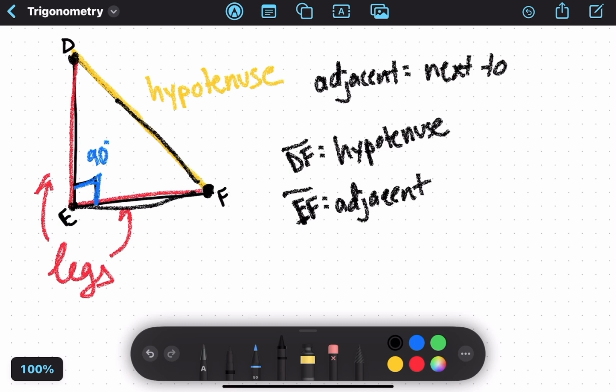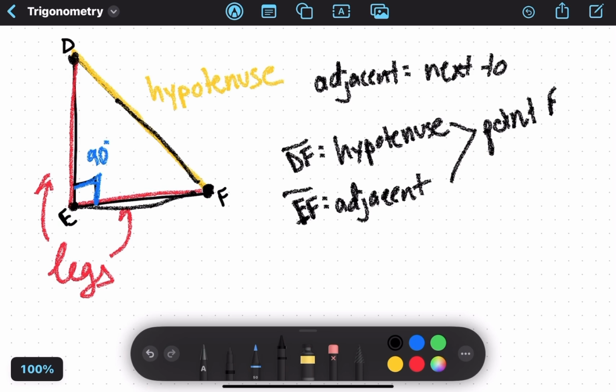Now let's take a look at E. DE is adjacent to point E, and FE is adjacent to point E. Point D: DF is the hypotenuse, and DE is adjacent. Just wanted to clear that up before we continue.